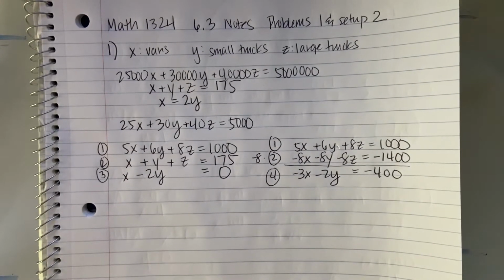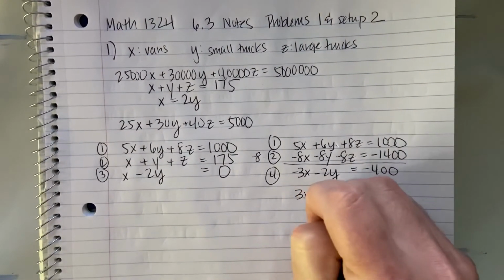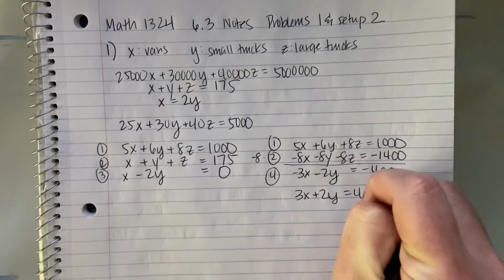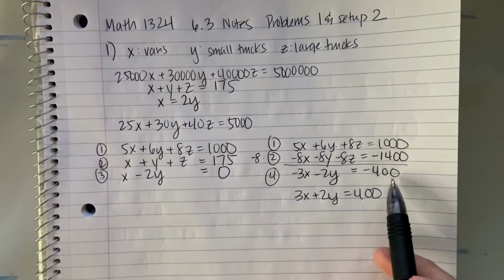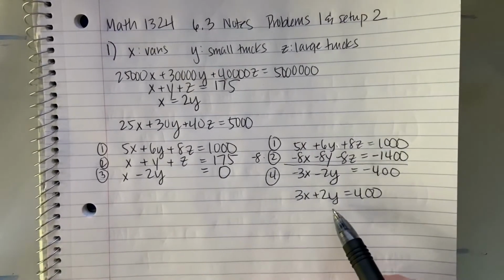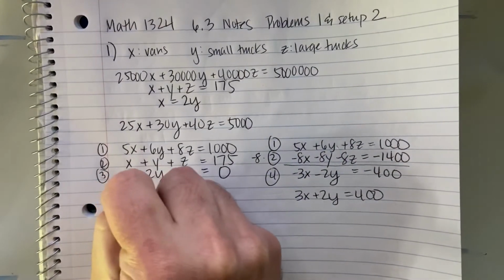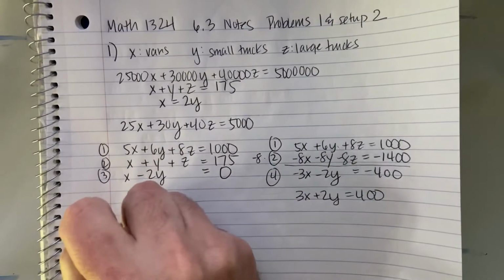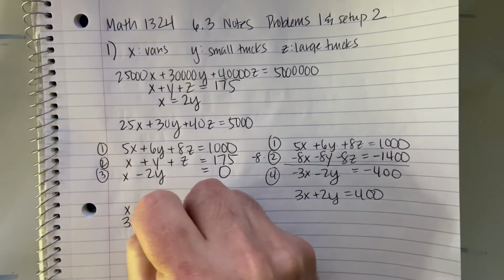Now, the nice thing about that is I'm going to change this to all positive, so 3x plus 2y equals positive 400, just by changing all the signs, because they were all negative. But really, it's mostly to get my negative 2y and positive 2y to conveniently line up. So x minus 2y equals 0, then 3x plus 2y equals 400.